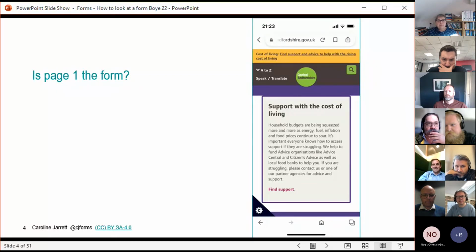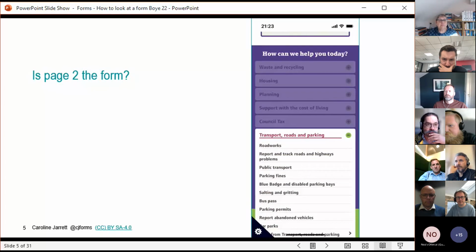Okay, so what I did was I looked at that page and I thought, well, actually, I'm going to scroll. This is what I got when I scrolled. I'll give you a chance to look at that page. I'm thinking about paying a parking fine. If we think that one's the form page, then I'll get you to lower your hands.